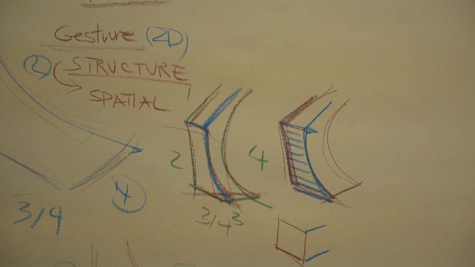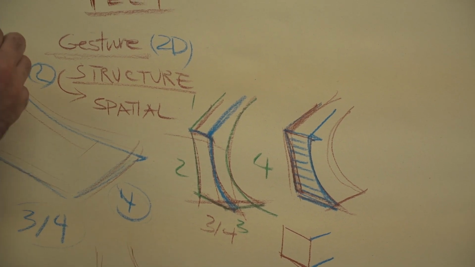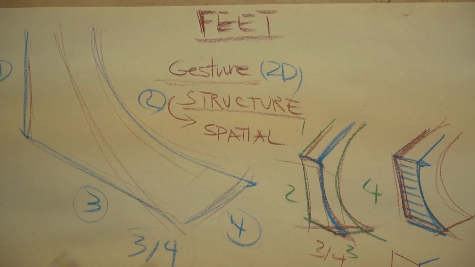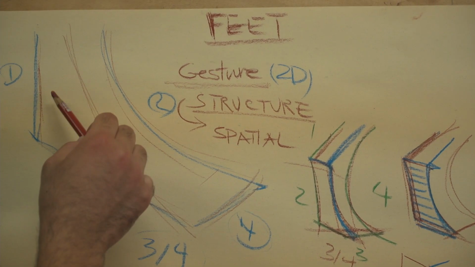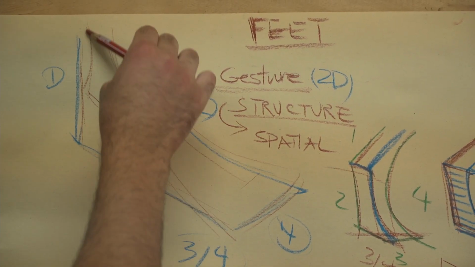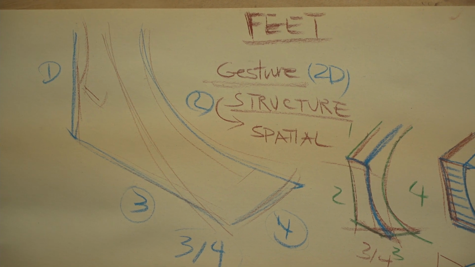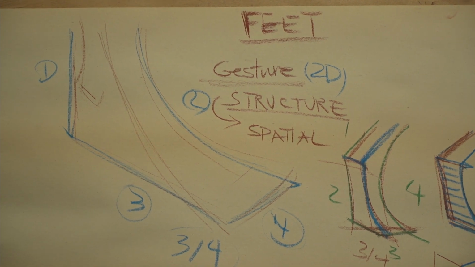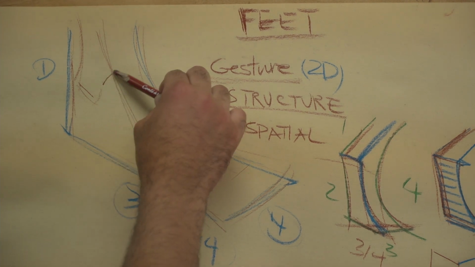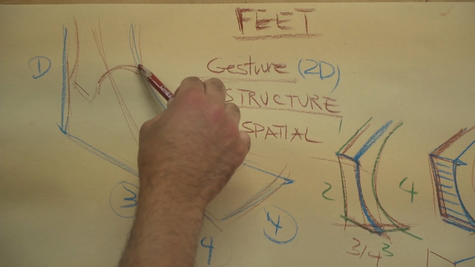And now let me work more on this drawing and add more information to it. So on this part we have these landmarks, this bony part, which is called malleolus, lateral and medial malleoluses. And right after that we have this shape.